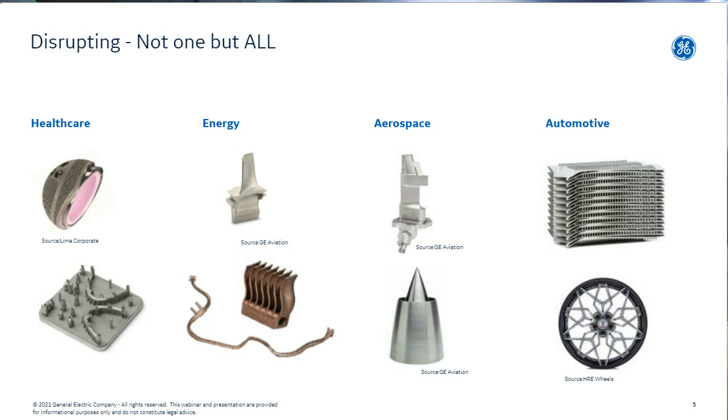So you can really print anything that is needed when it comes to medical treatment, etc. In the energy field, you see here one component that we use in our gas turbines. And 3D printing techniques allow us to print things that make our machines more efficient and more workable.